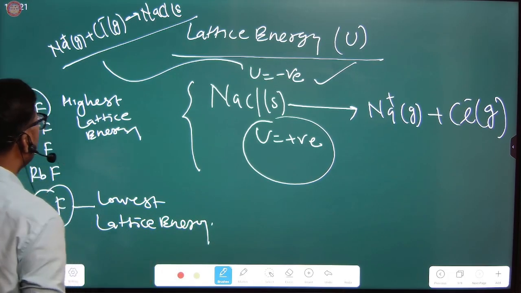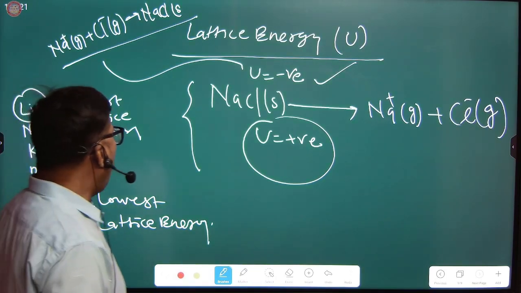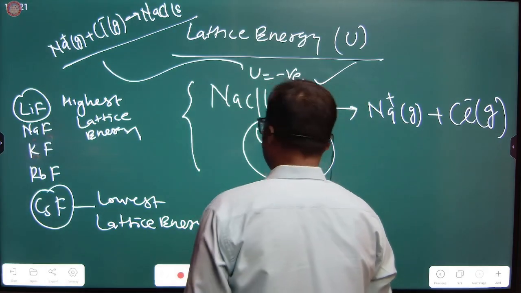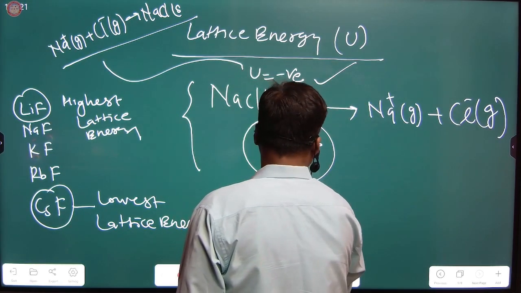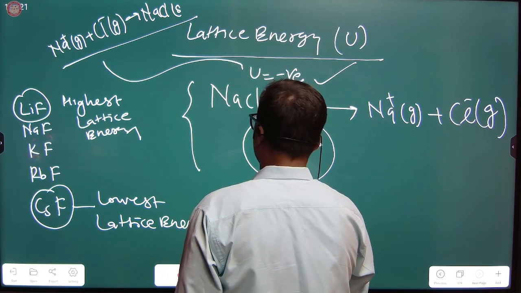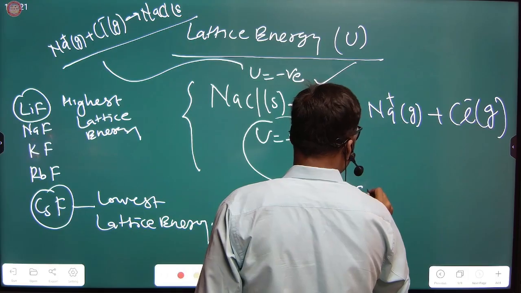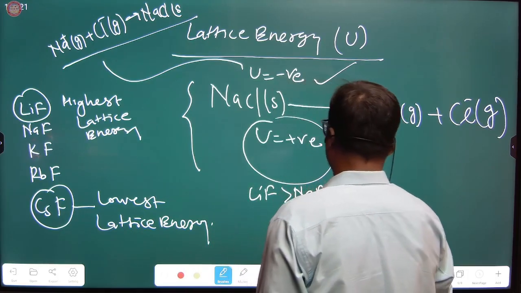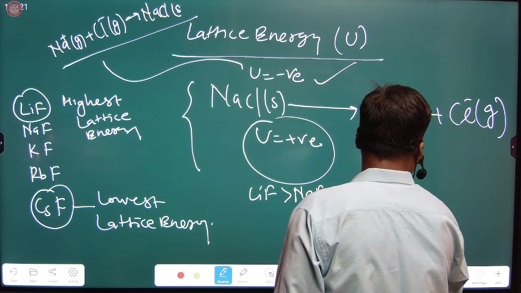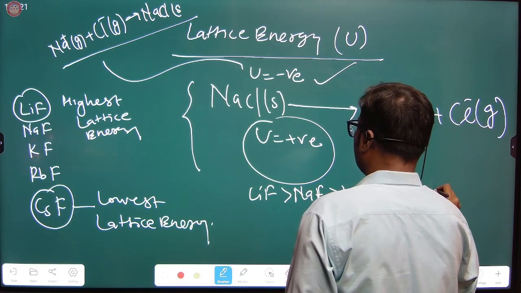So, the order of lattice energy is: lithium fluoride is greater than sodium fluoride, greater than potassium fluoride, greater than rubidium fluoride, and greater than cesium fluoride.